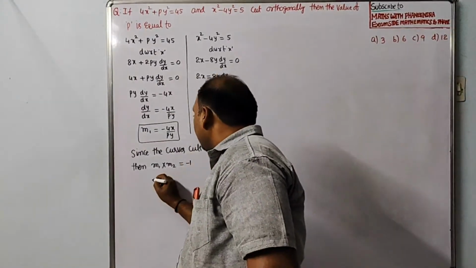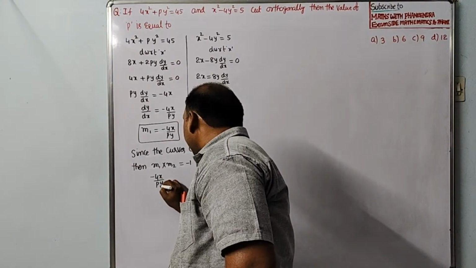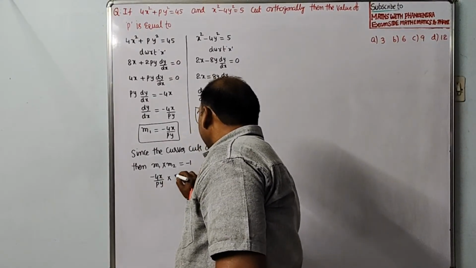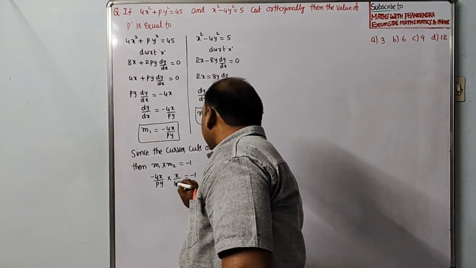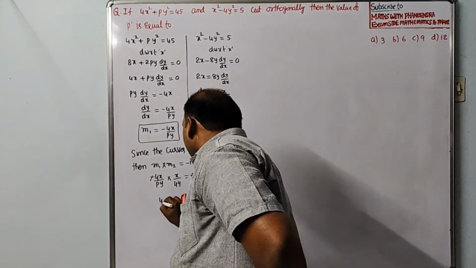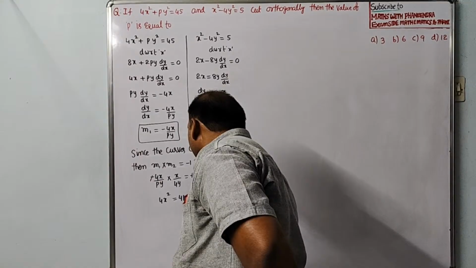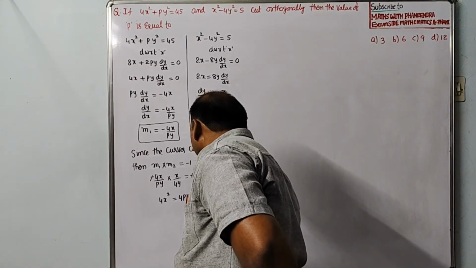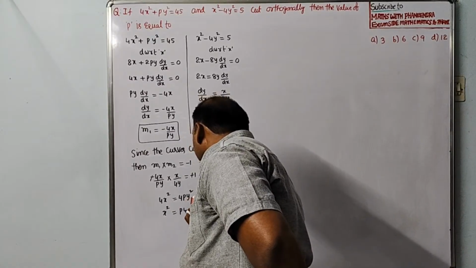So m1 value minus 4x divided by py into m2 x divided by 4y equal to minus 1. So these two will be cancelled. So 4x square is equal to 4py square. So x square is equal to py square.